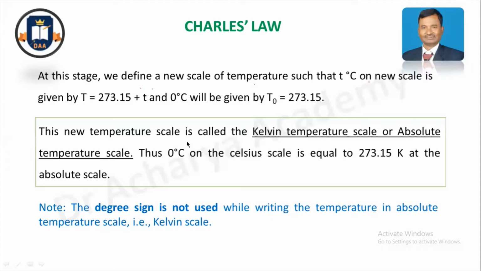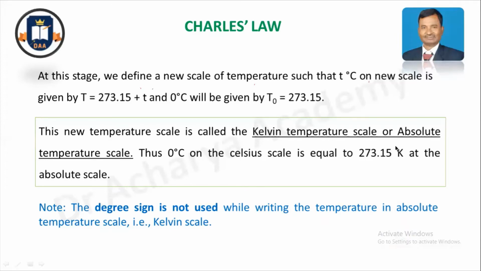So now 0 degrees centigrade, which is on the Celsius scale, is equal to 273.15 Kelvin. Kelvin is always written with capital letter K, and you have to remember it doesn't have the superscript degree sign on the left side.